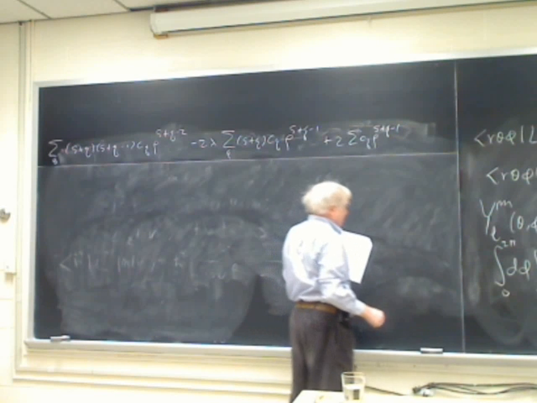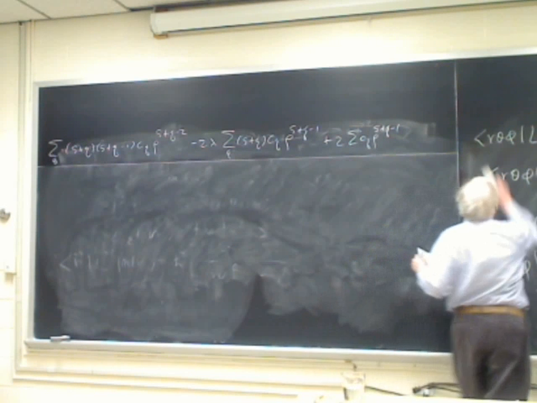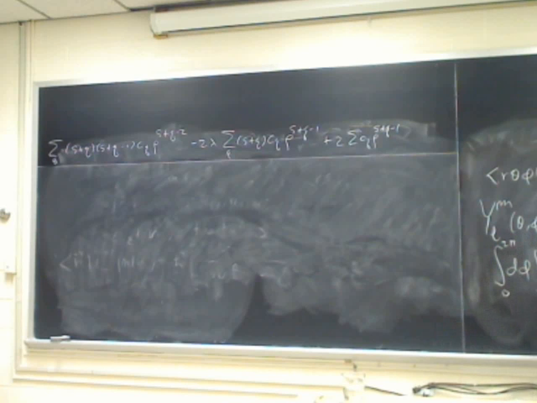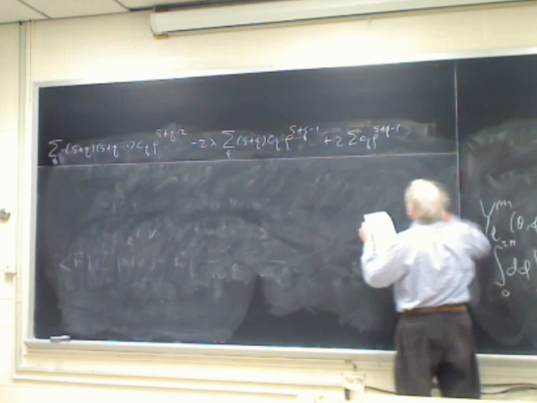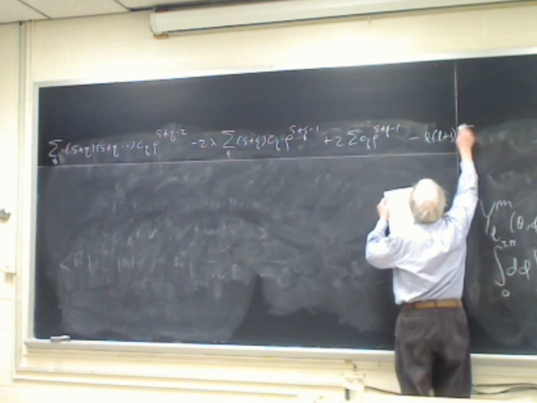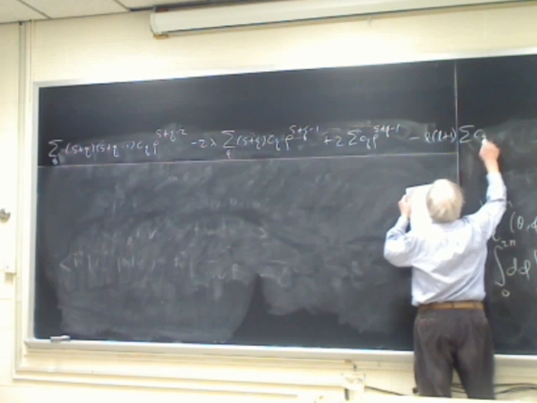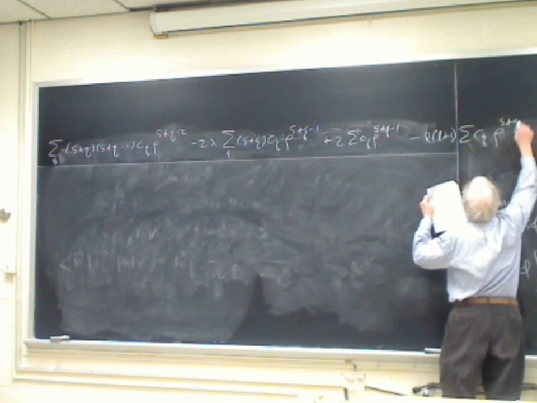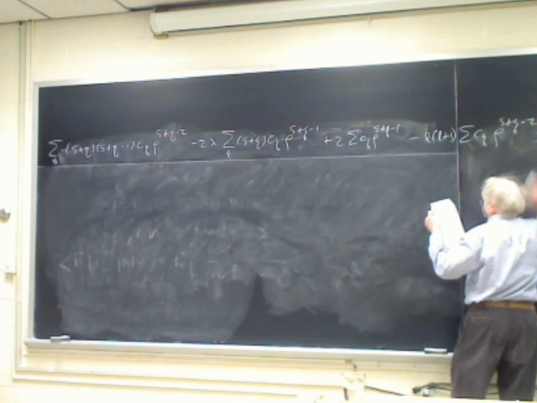That's the Coulomb term. And then minus L plus 1, sum c_q rho to the s plus q minus 2, equals 0.